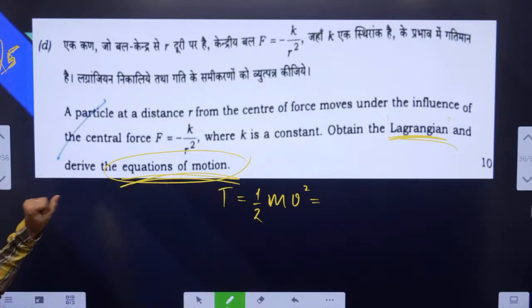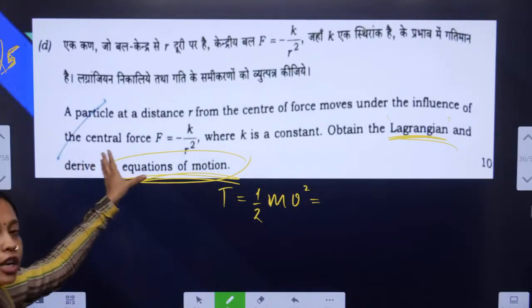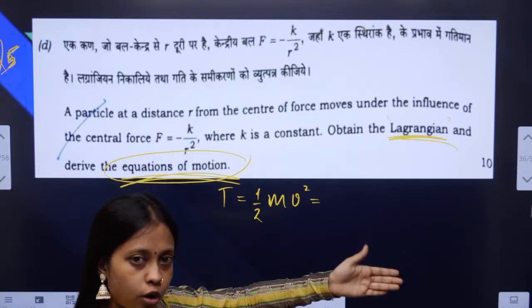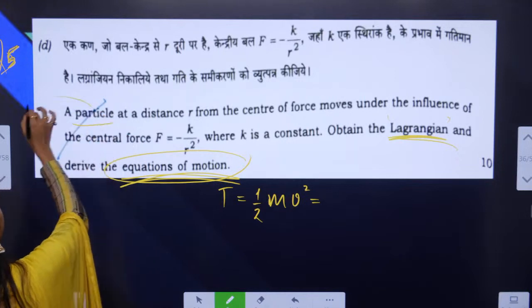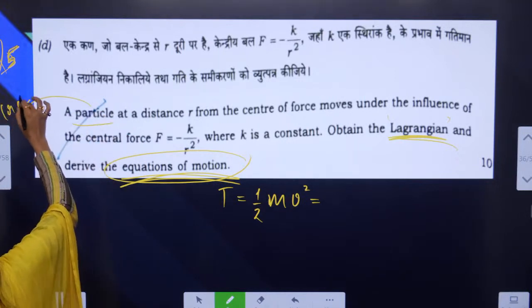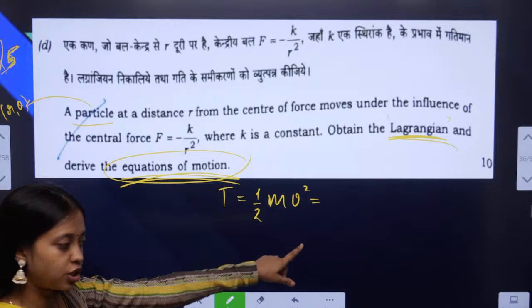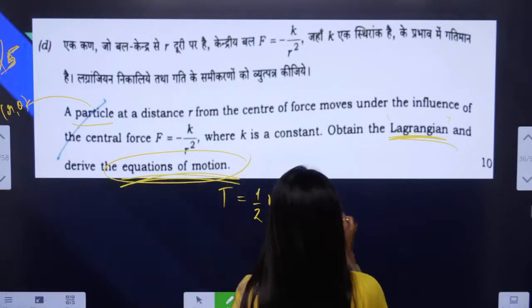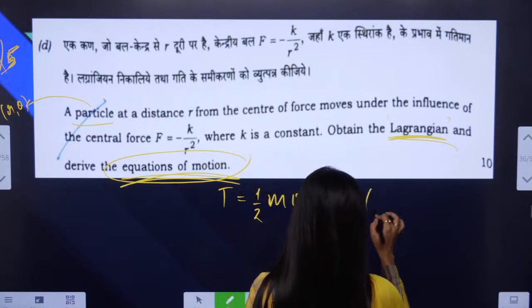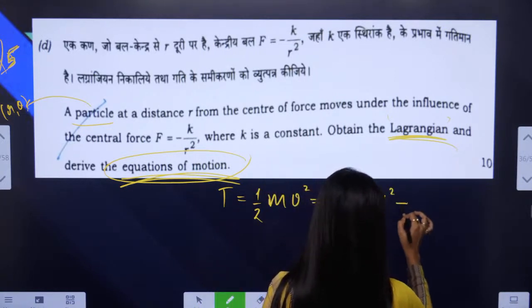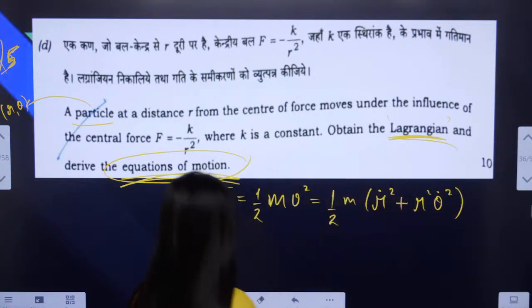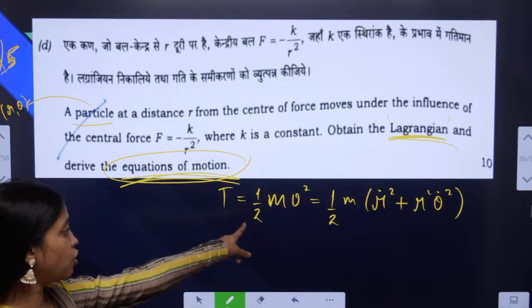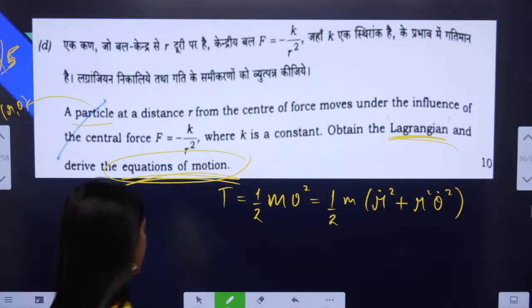If I take r theta to be the coordinates of the particle, then that v square expression will be changed to half m times r dash square plus r square theta dash square. This is the expression of your v square in terms of r and theta.